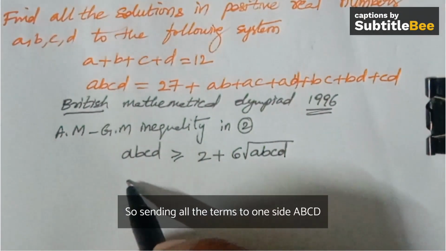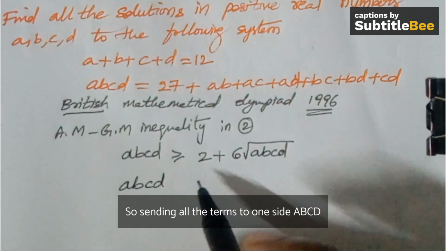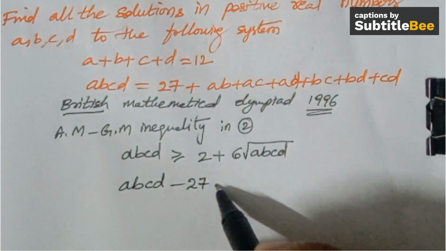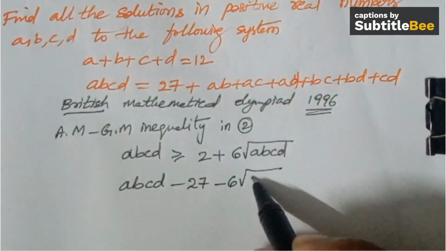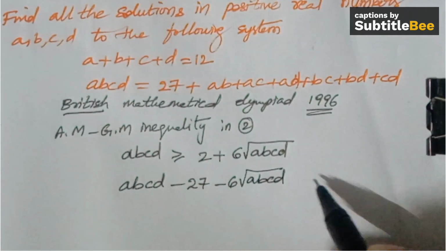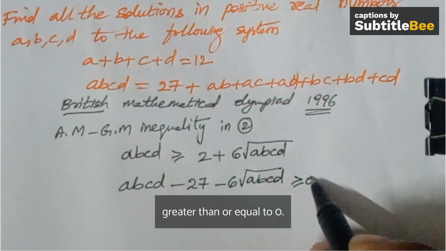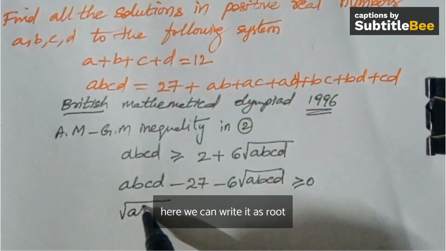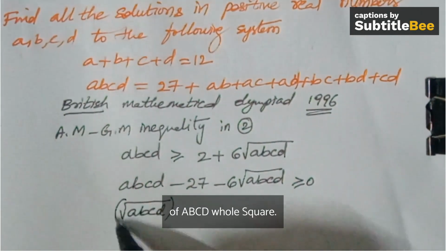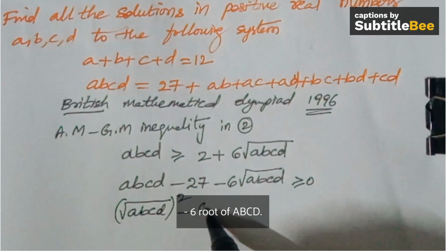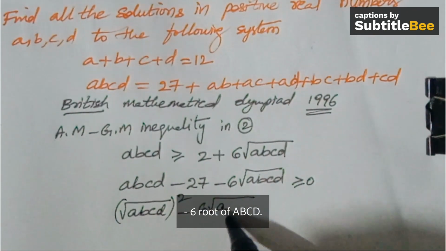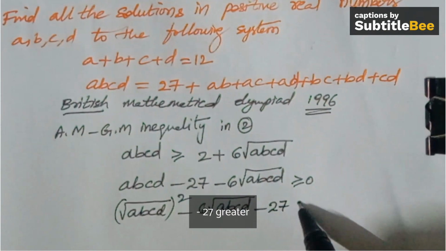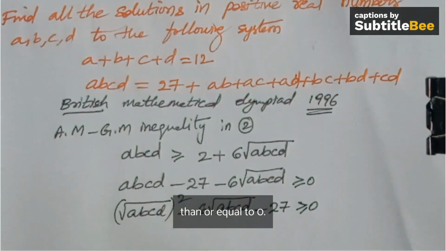So sending all the terms to one side, ABCD minus 27 minus 6 root of ABCD is greater than or equal to 0. So here you can write it as root of ABCD whole square minus 6 root of ABCD minus 27 greater than or equal to 0.